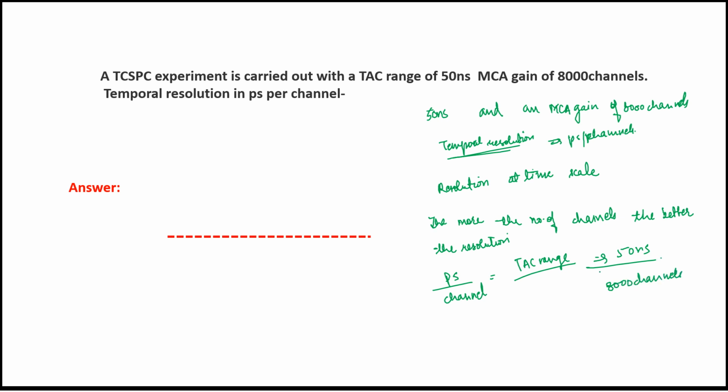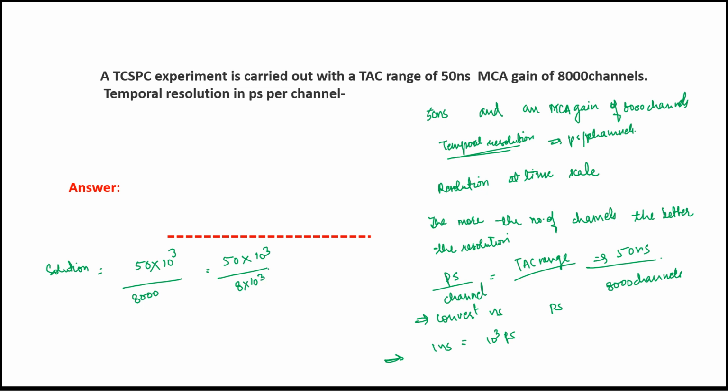The only thing we have to do is convert nanoseconds to picoseconds. 1 nanosecond is equal to 10 to the power 3 picoseconds. Thus, the solution comes to be 50 into 10 to the power 3 whole upon 8,000. So it comes to be 50 into 10 to the power 3 whole upon 8 into 10 to the power 3.